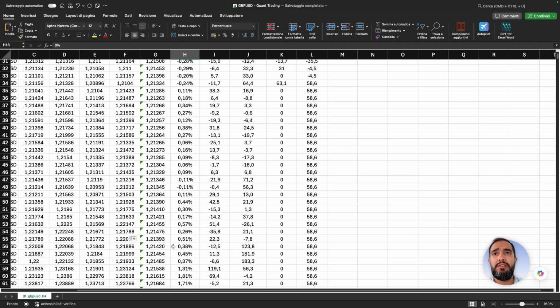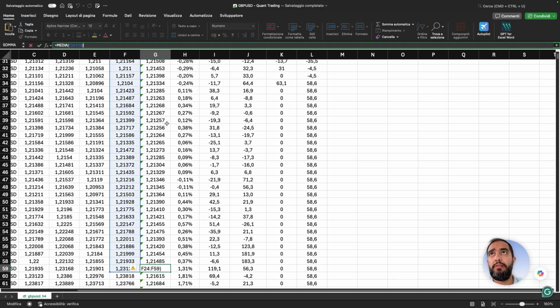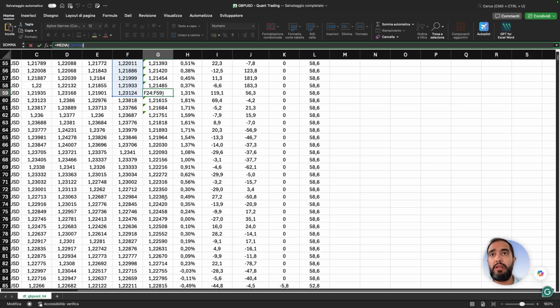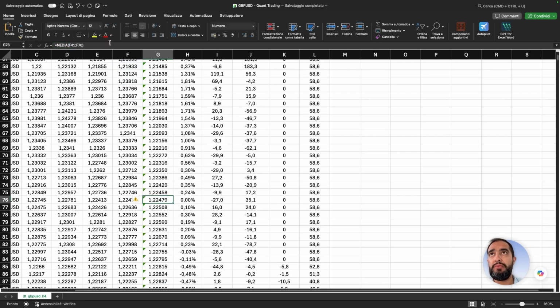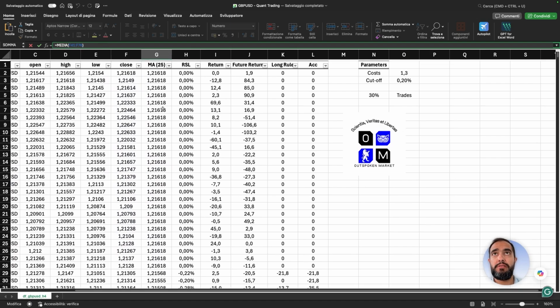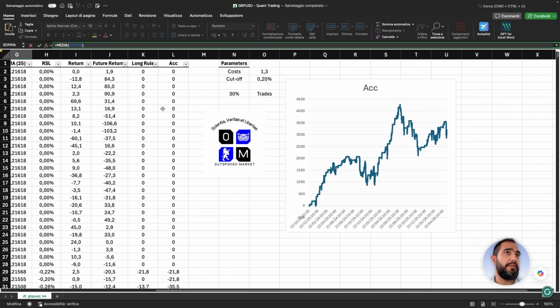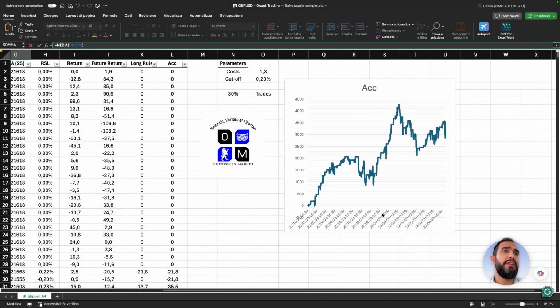And what I did was to increase the length of the moving average, right? From this test that we did. So here we have 35 periods rather than 25. And even if you cut it in half, you will see that the result would still be very, very good.